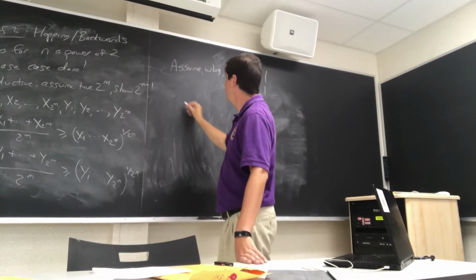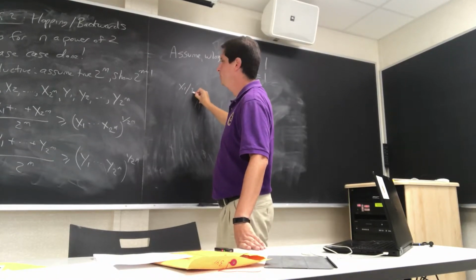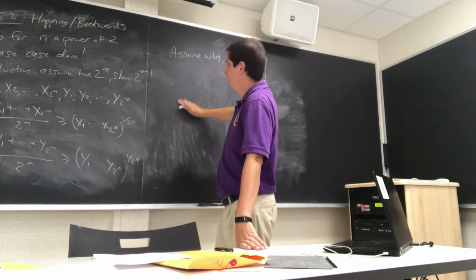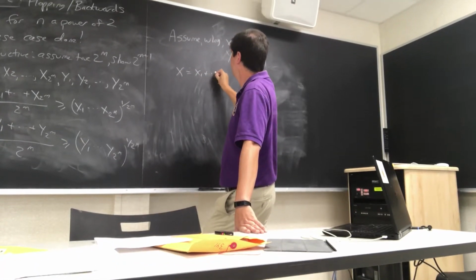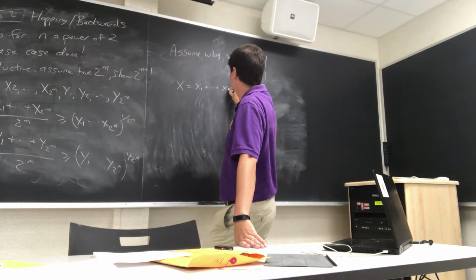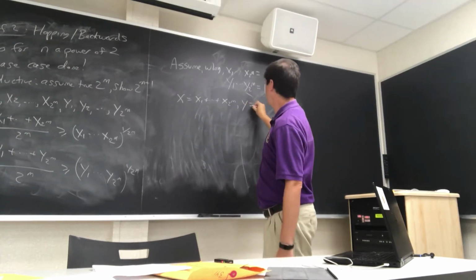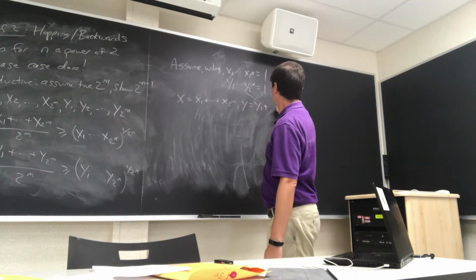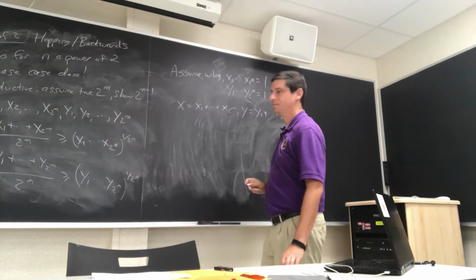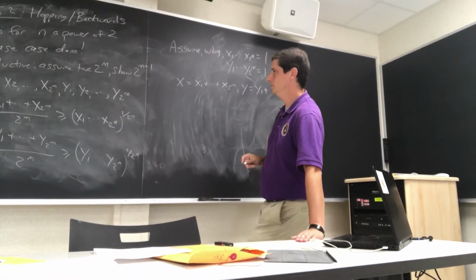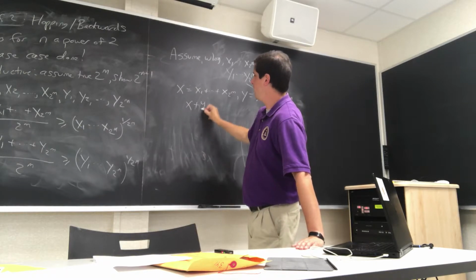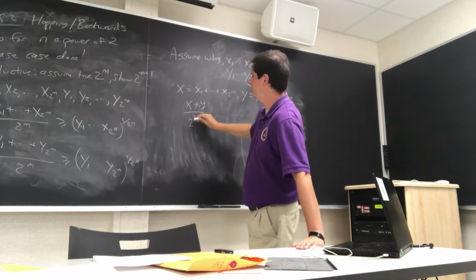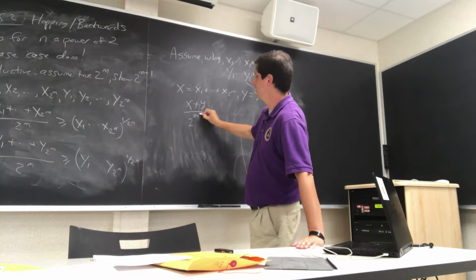And so now, if we let x be x1 plus through x to the 2m and y be y1 plus through y to the 2m, we have x plus y over 2 to the m plus 1.